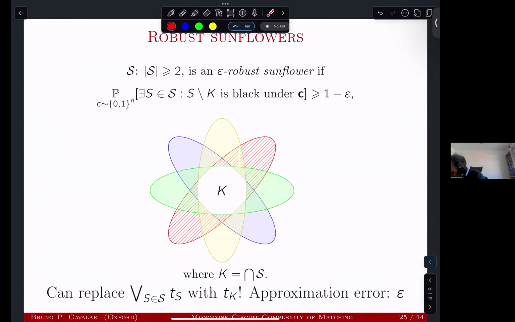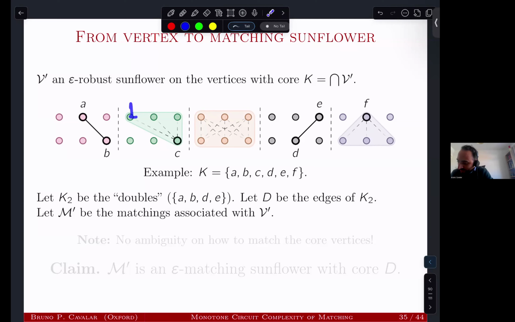All right. So what's going to happen then, as I was saying, is that everything's going to be colored 1 here, 1, 1, so these edges are satisfied, and here I have 1. Here we don't need to care because they are in the core. If these guys are colored 1, then we are happy, right? But it could be that this is colored 0, because the robust sunflower property says nothing about the color of the core vertices, and these are core vertices. So it could be that you have a 0 here and also a 0 here.